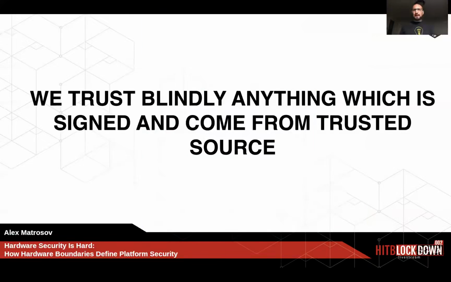We trust blindly anything which is signed and comes from a trusted source. Basically, we have infinite trust in signed firmware blobs or any other binaries that come from trusted resources, right?